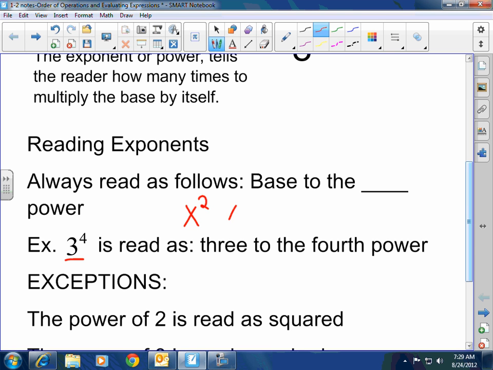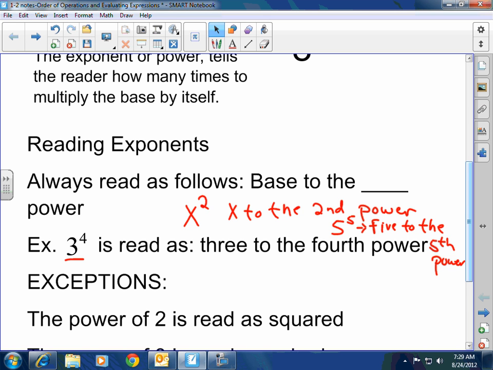That is x to the 2nd power. If I have 5 and a 5 as an exponent, I have 5 to the 5th power.